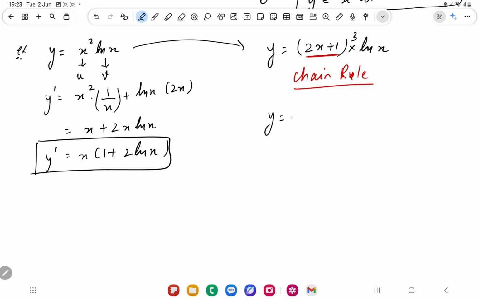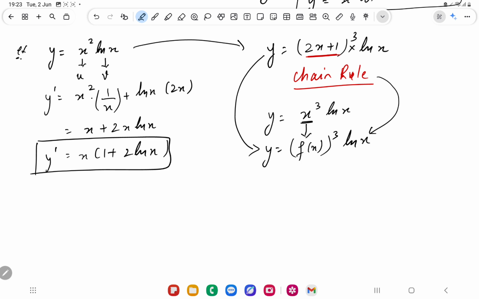If I am saying y is equal to, let's say, x to the power cube into the same ln x, this is an x, not a function, but what this is, is a function to the power cube multiplied by ln x. So whenever instead of x you have f(x), we will be using chain rule.